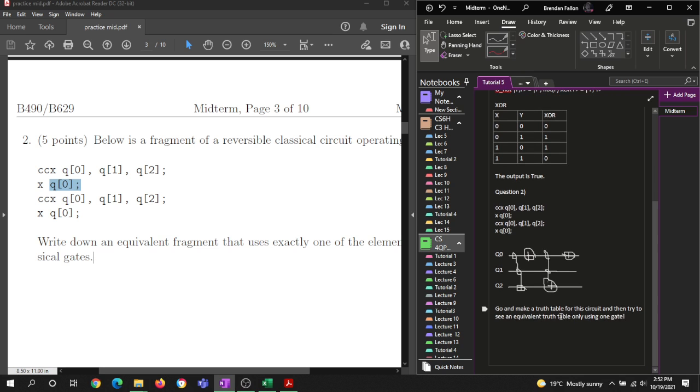We're going to make a quick truth table for all the different inputs, and we'll go from there. We'll do Q0, Q1, and then Q2. And then I'm going to call them prime for what the actual output is: Q0 prime, Q1 prime, and Q2 prime.